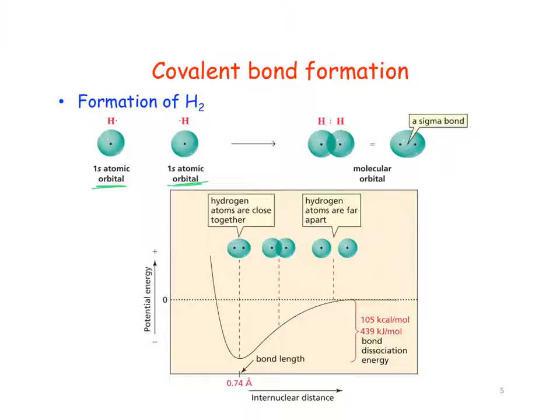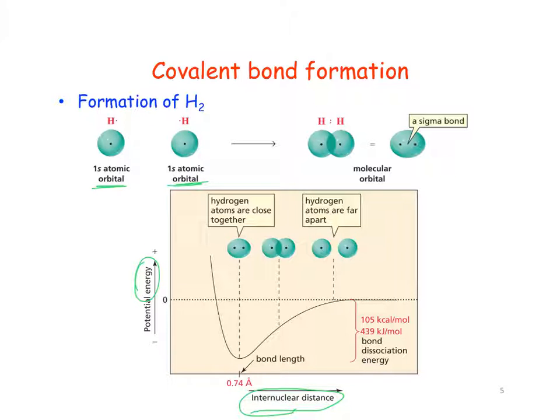We're going to bring those together and form a covalent bond. This graph down here shows the energy versus the internuclear distance, the distance between the 2 nuclei. In fact, this graph is kind of backwards to what we were showing up above.